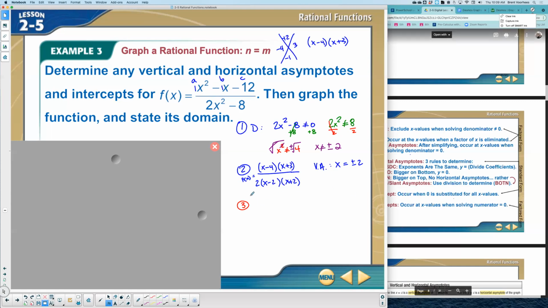So if the exponents are the same, what does DC stand for? Exponents are the same, y equals divide coefficients. What's the coefficient here? 1, 2. So it's 1/2. y equals 1/2. That's according to rule, exponents the same, divide coefficients.